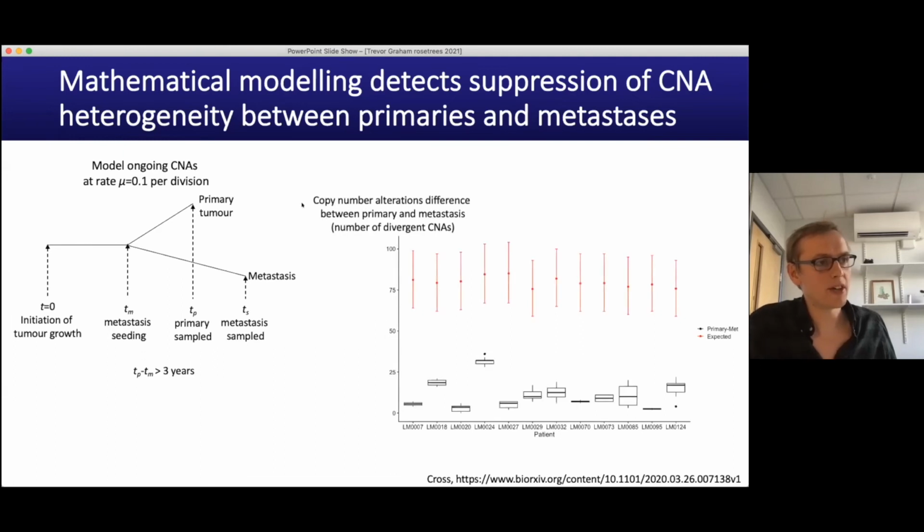And so if we then look in data, these are the predictions that come out of this simple model, these red lines, and this is the actual divergence that we observe between primary and met. So the y-axis here is genetic divergence, with different patients on the x-axis. You can see that mets are much more similar in terms of their copy numbers to primaries than we would expect by chance. So again, this is evidence of stabilizing selection acting on those copy number alteration genomes.